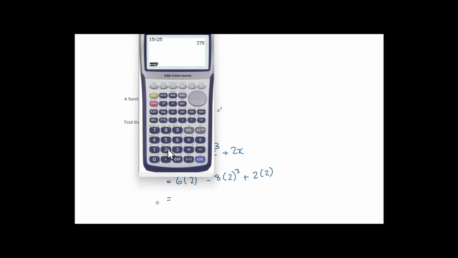All right, now what do we do? To find the gradient where x equals 2, we just substitute wherever we have an x, 2. So 6 times 2 to the power of 5, minus 8 times 2 cubed, plus 2 times 2. 2 to the power of 5 is, I think, 64, I think. 2 to the power of 5 is 32, sorry.